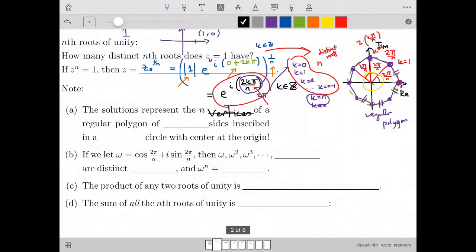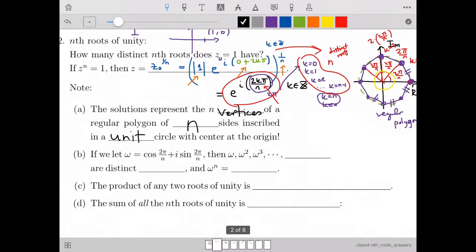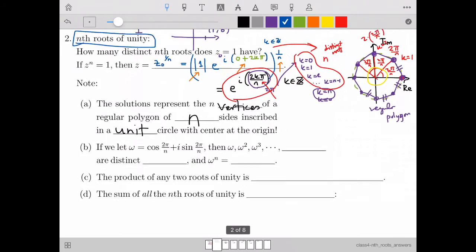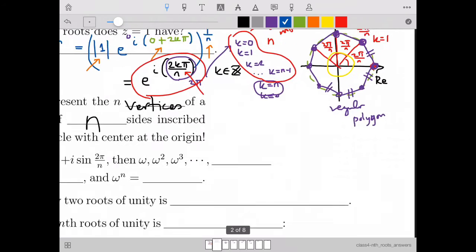Yes, there are n sides, inscribed in a unit circle with center at the origin. So nth roots of unity. Those nth roots represent the n vertices of a regular polygon.